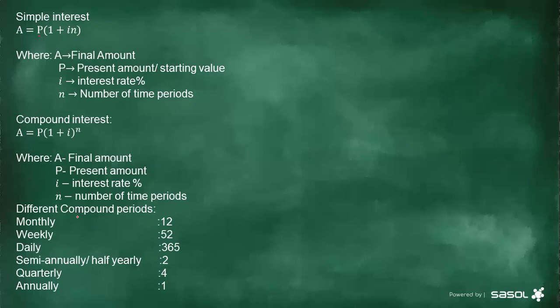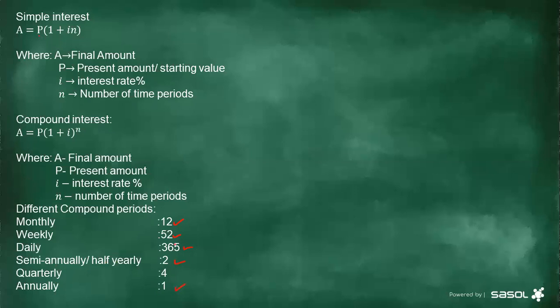For instance, if it says compounded monthly, we're going to use 12. Compounded weekly, we are using 52. Compounded daily, we are using 365. Compounded semi-annually, sometimes they say half yearly, then we're using 2. Quarterly is 4, and annually is 1.